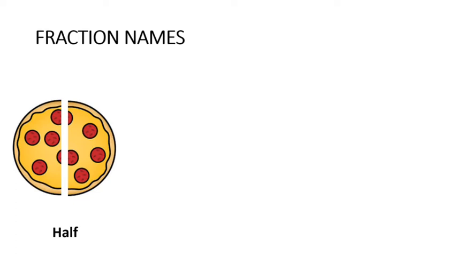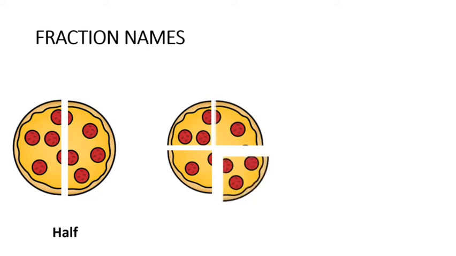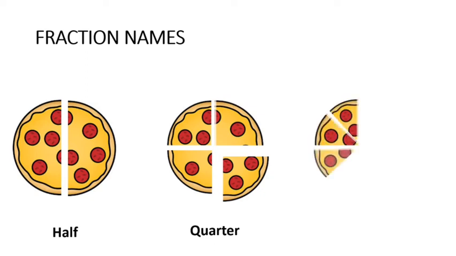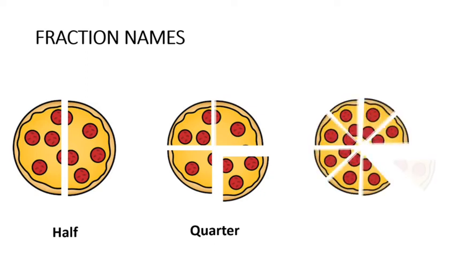If the pizza were to be divided into 4 equal pieces, like this, each piece would be called a quarter. If the whole pizza were to be divided into 8 equal parts, like this, then each of the 8 equal parts will be called eighths.